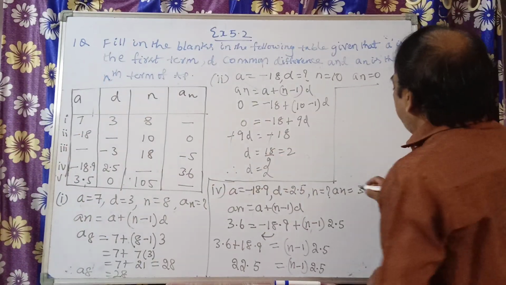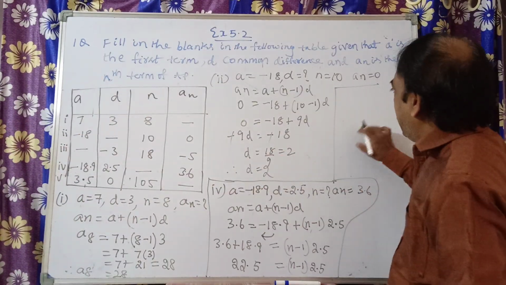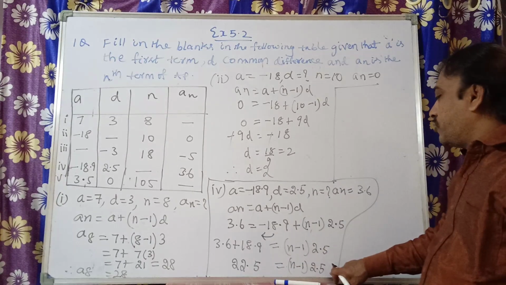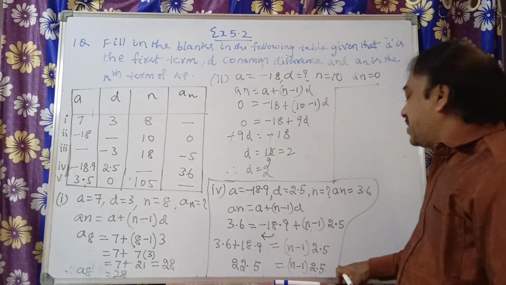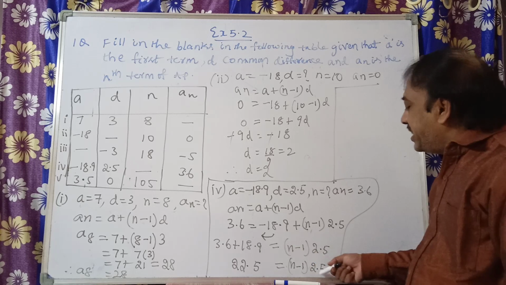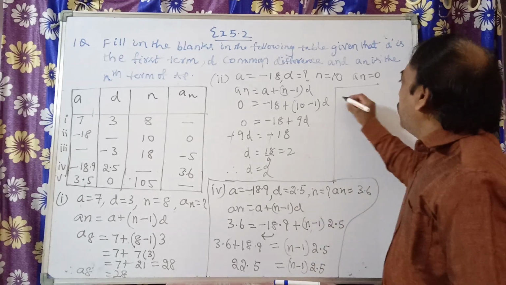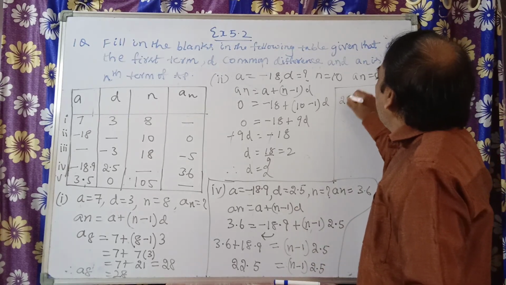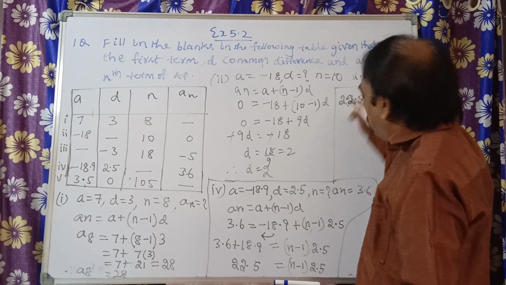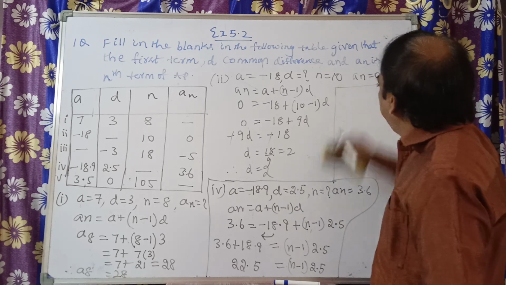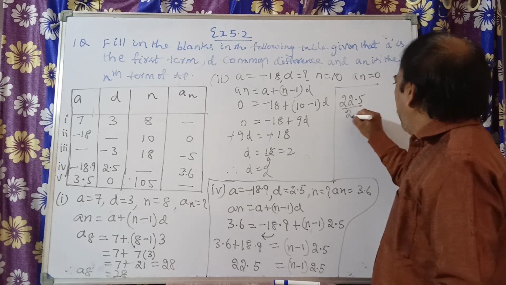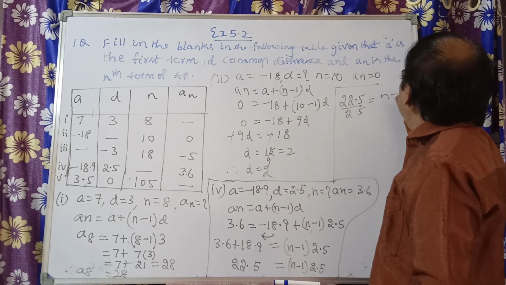Now you see here, after this step, 22.5 is equal to n minus 1 into 2.5. If you transpose 2.5 to that side, since the operation is multiplication, then 22.5 by 2.5 is equal to n minus 1.